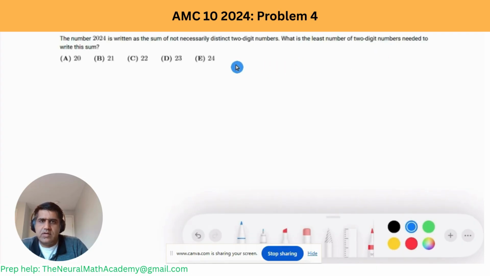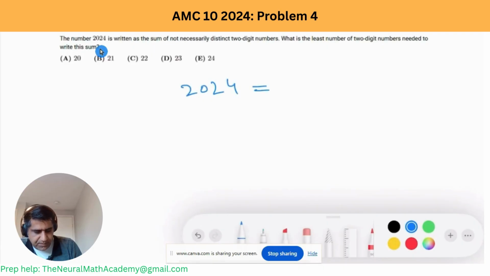For such problems, we will maximize two-digit numbers, and then we'll see what is the remaining number that we need in order to get the sum, for example, for 2024. In other words, for 2024, we can write it as 20 times 99. So I'm basically maximizing the number of 99s here.